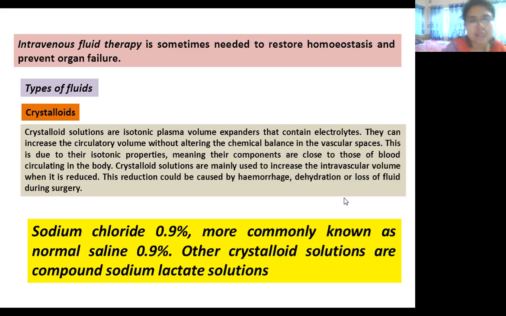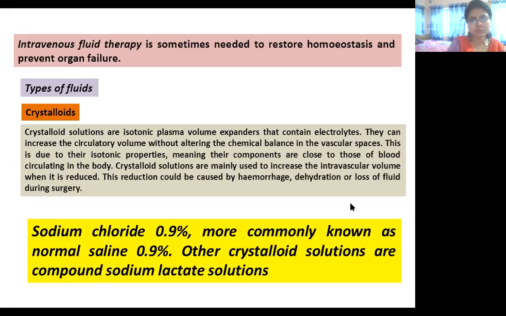So generally, crystalloid solutions are mainly used to increase the intravascular volume when it is reduced, in case of hemorrhage, dehydration, or loss of fluid during surgery. In such cases, we generally use saline.